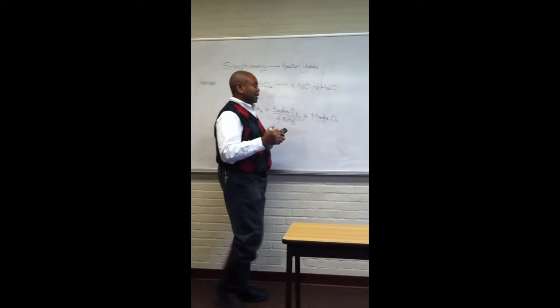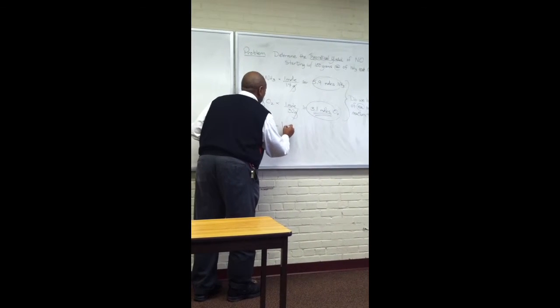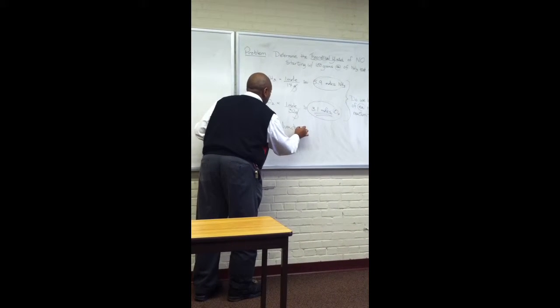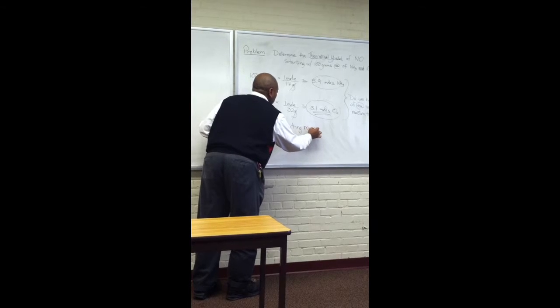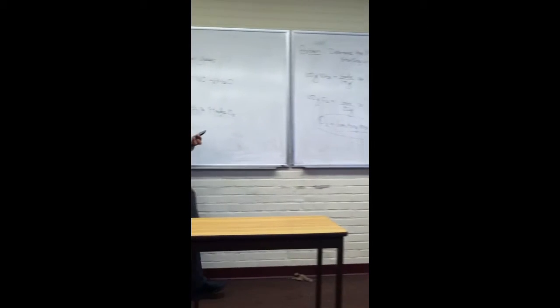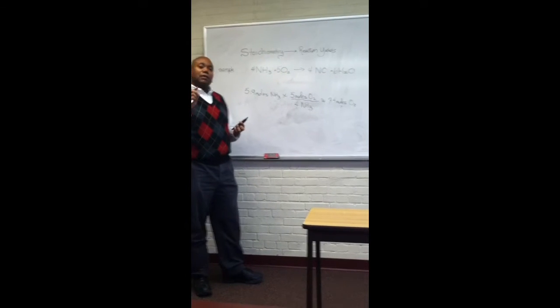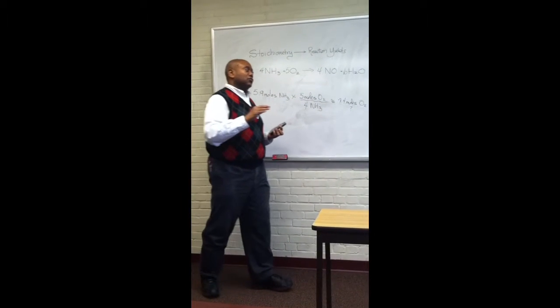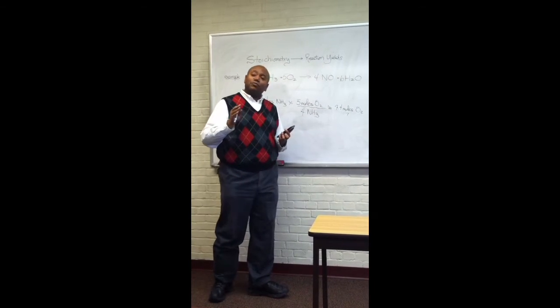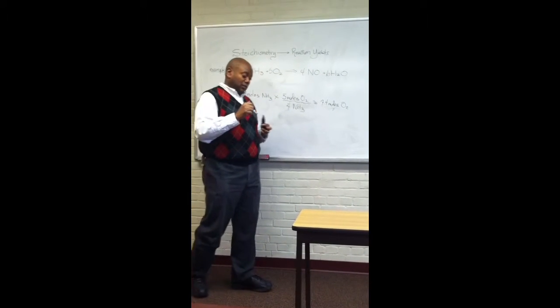And we say that O2 is our limiting reagent. The limiting reagent is very, very crucial to understand in this type of problem, because the limiting reagent is going to dictate how much product we're going to actually be able to yield at the end.